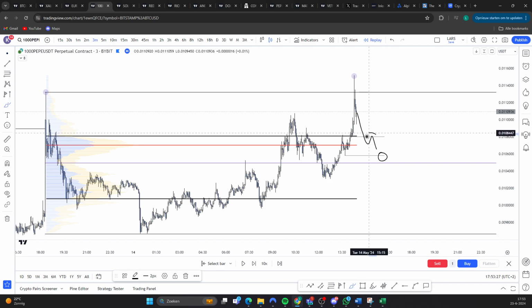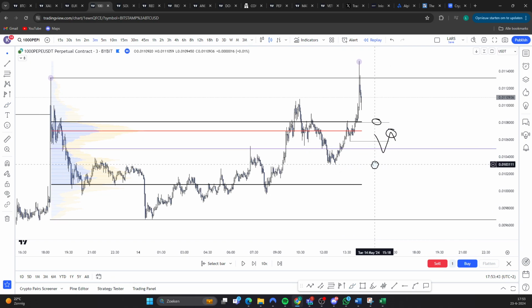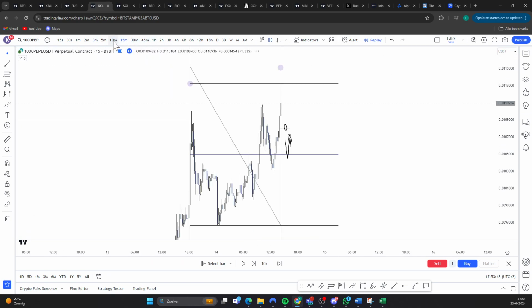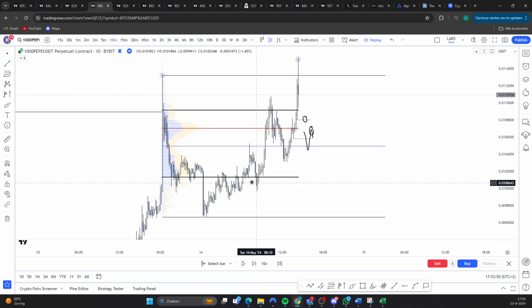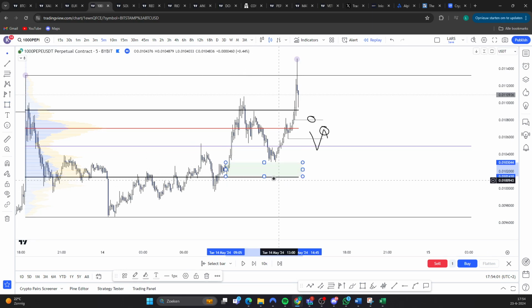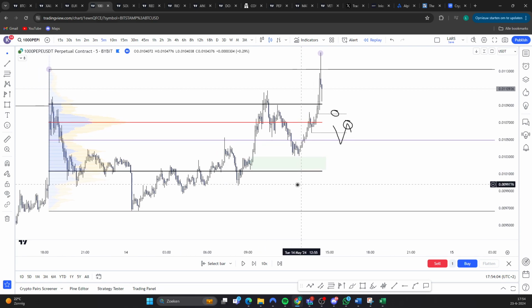I'll look for shorts here if I can find one. The volume area high is there. POC is above this one. So if we don't get a short here, maybe we break this, get that backtest, and we'll find it here. From a support perspective, there's not that much. We have some tiny form of range demand here, backed by the volume area low.